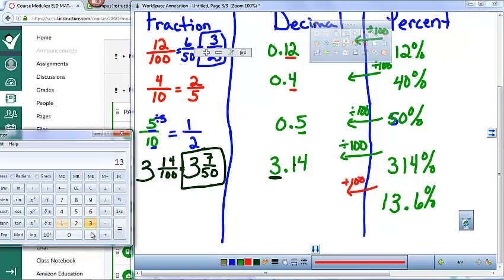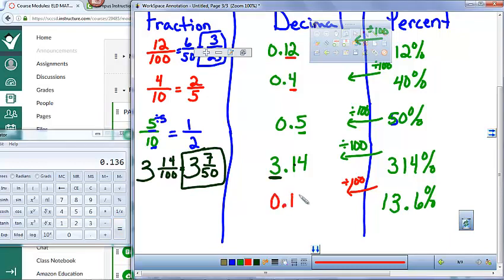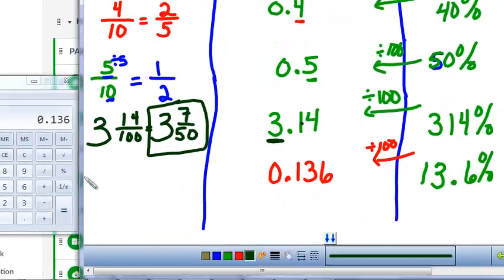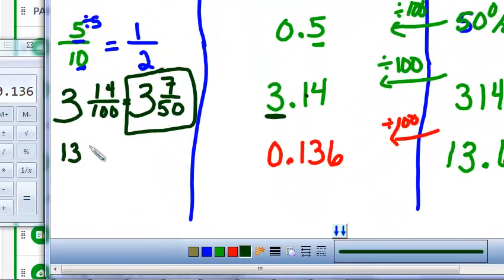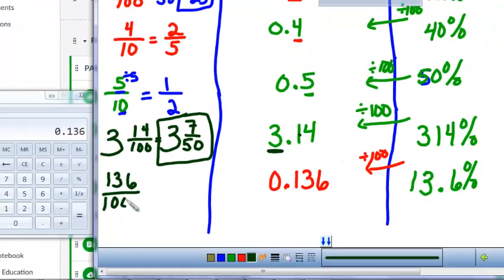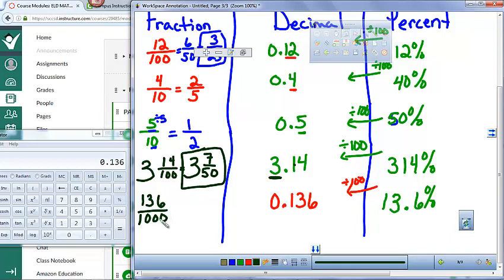So 13.6 divided by 100, maybe you see the pattern and you don't have to do this, is 0.136. And then to change it to a fraction, you're going to have to take 136 over, well, you have 3 numbers, so it's going to be 1,000. So 3 numbers, 3 zeros.